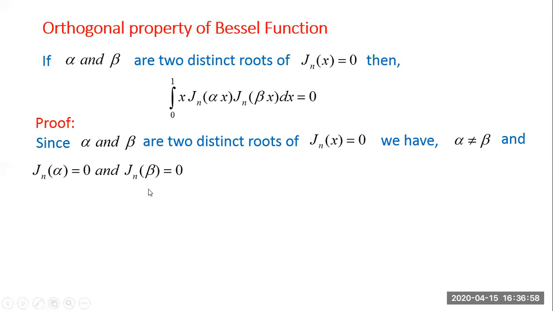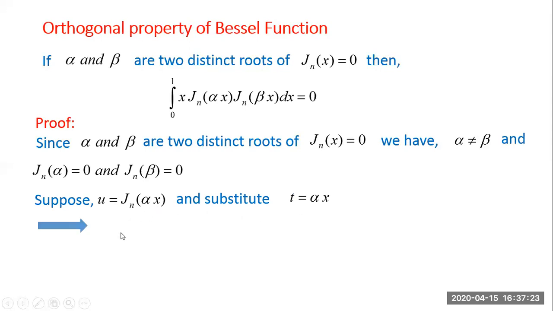So using this hypothesis, we try to show the integral from 0 to 1 x into Jn of alpha x into Jn of beta x dx is equal to 0. For that, let me take this Jn of alpha x as u. So let me denote this Jn of alpha x as u. And this alpha x, I take it as t. So substitute alpha x is equal to t.